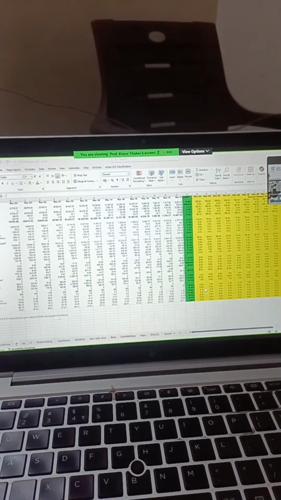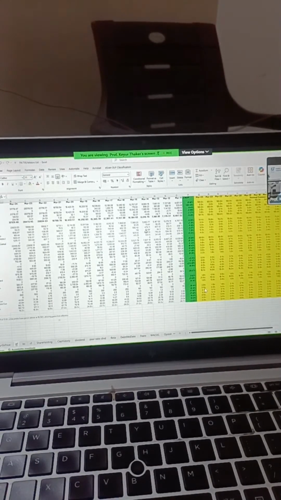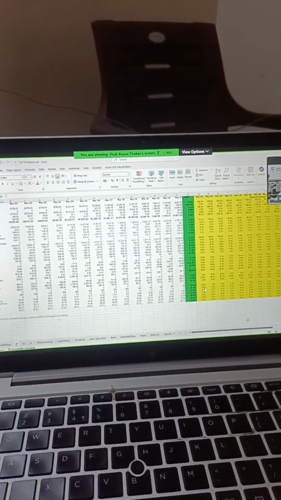What I have done is put all the data of TDS in Excel. What we are trying to understand is how to analyze the financial position of the company. Let me adjust the size.